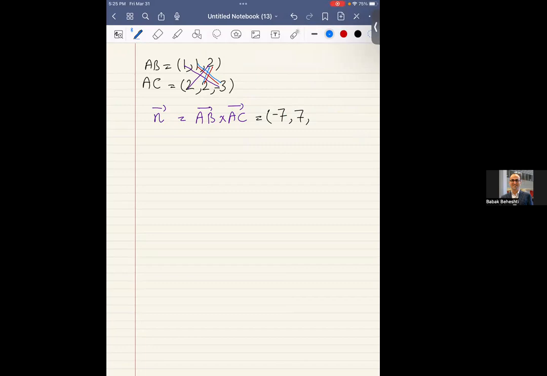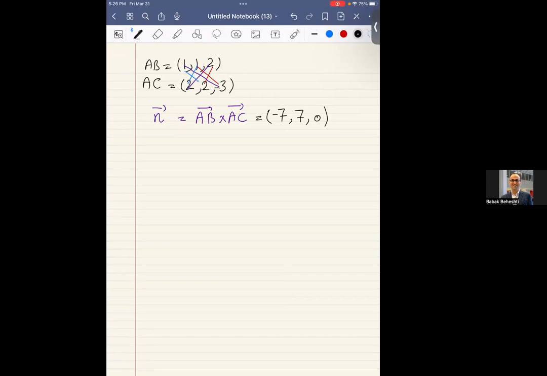For the first component, this time is minus. Second component, minus. The third component is given by 1 times 2 minus 1 times 2. So the third component is just 0.